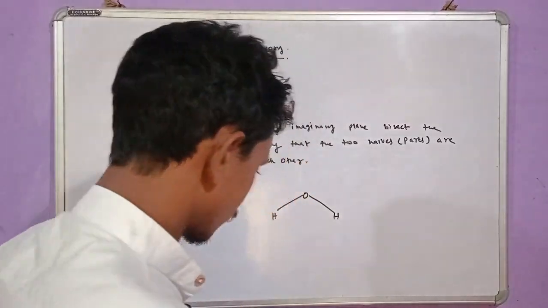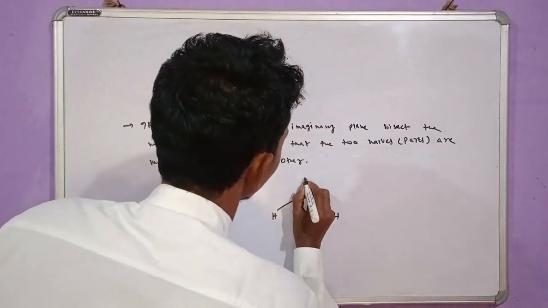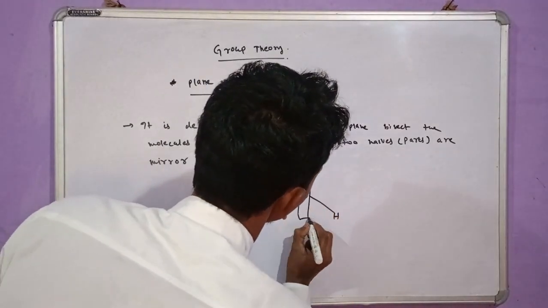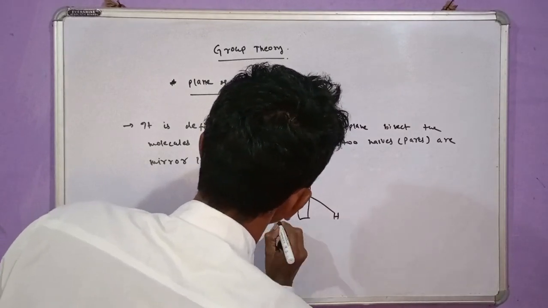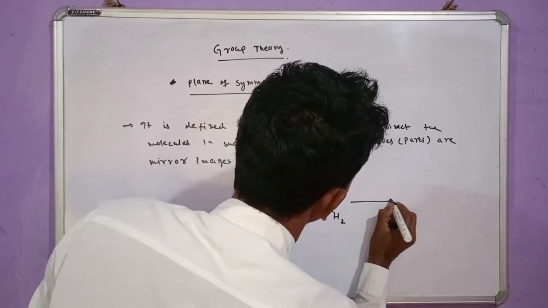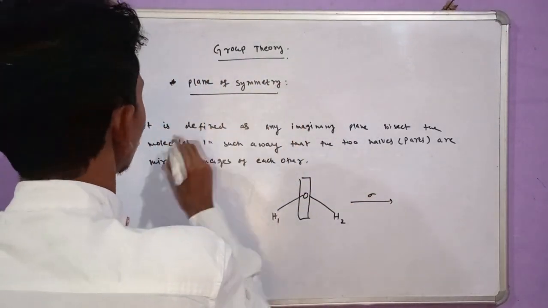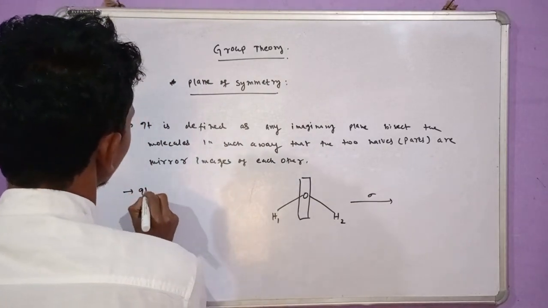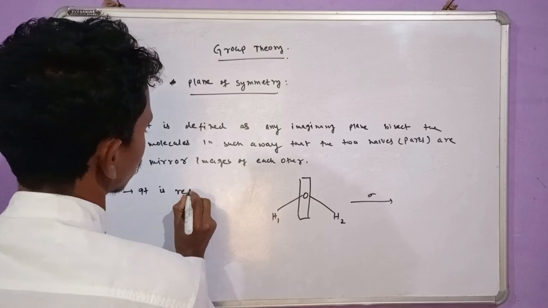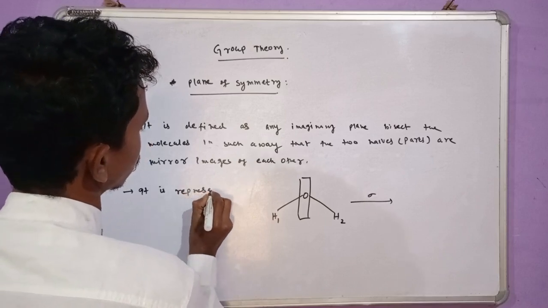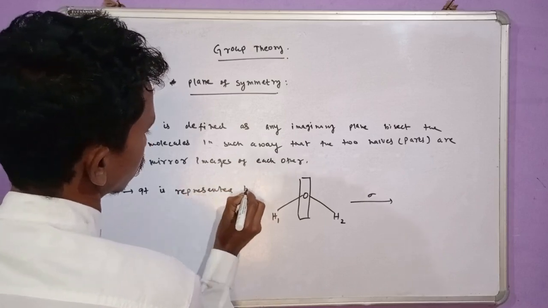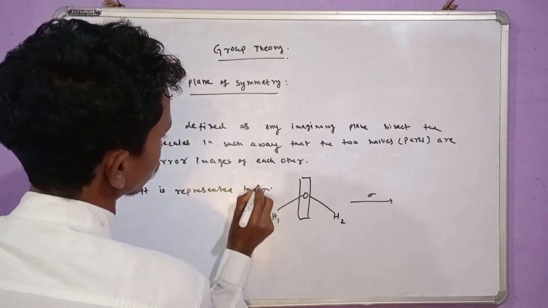So here if I pass a mirror plane like that, this reflects to this. Let's say this is H1 and this is H2. This is represented by sigma.